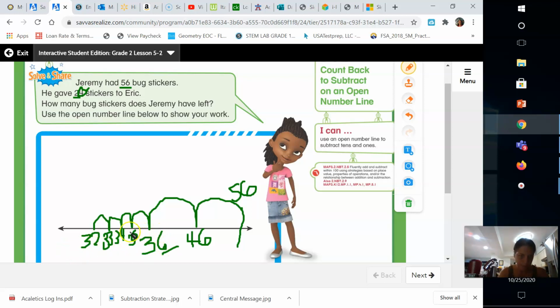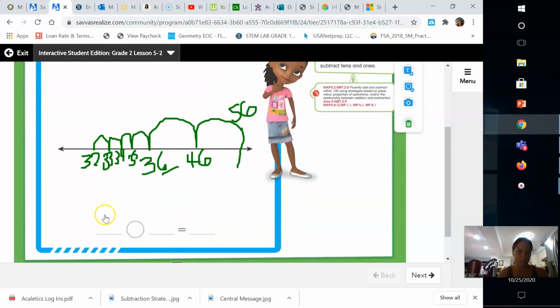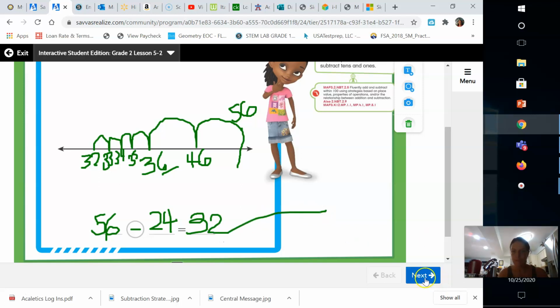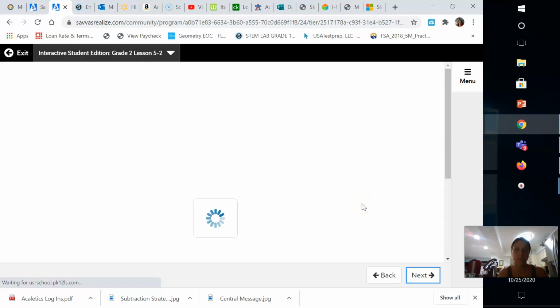So the only number changing is the ones number, 6, 5, 4, 3, 2. So down here, we started with 56. We subtracted 24, and the difference was 32. Okay? 32 with a tail.